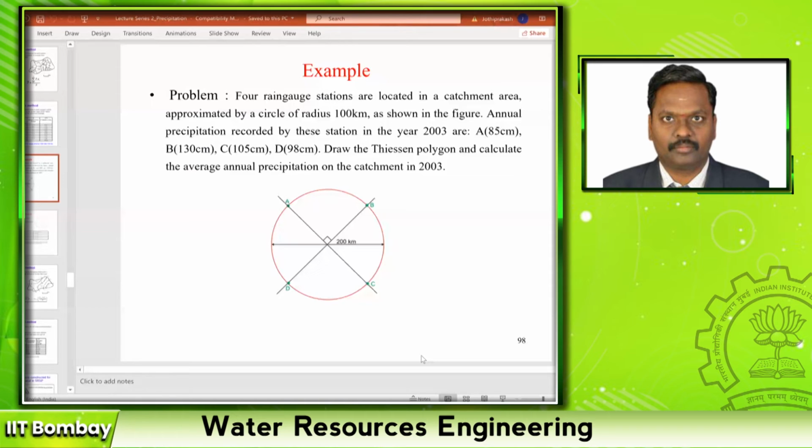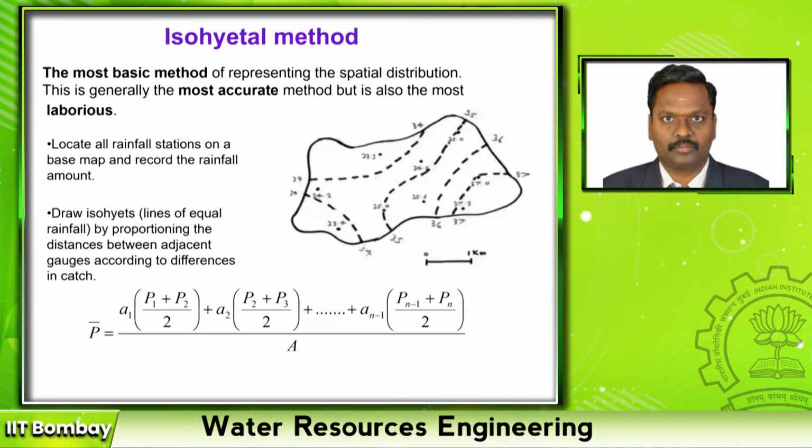Then how to estimate the Thiessen polygon? For example, these small dots are the rain gauge stations. First, you connect each rain gauge station to the adjacent rain gauge station. These small dotted lines connect one station with another station. Then for each and every line, you draw a perpendicular, right?